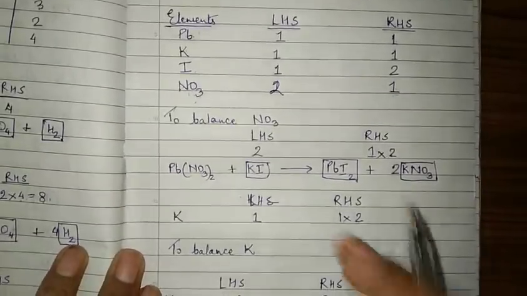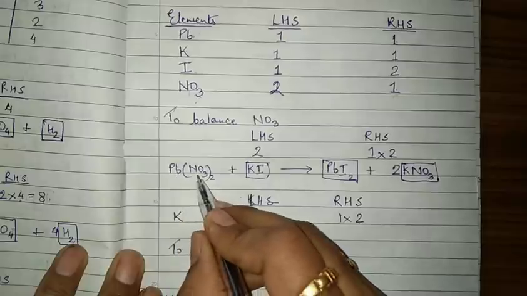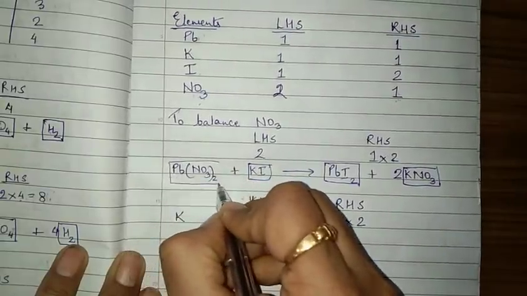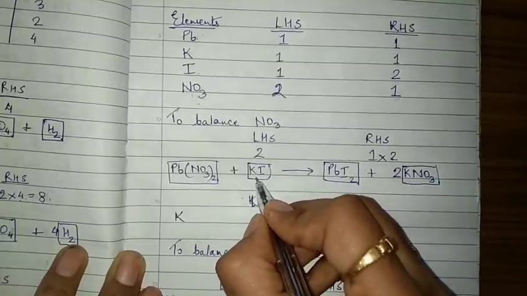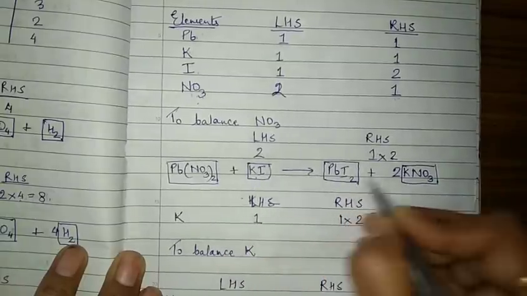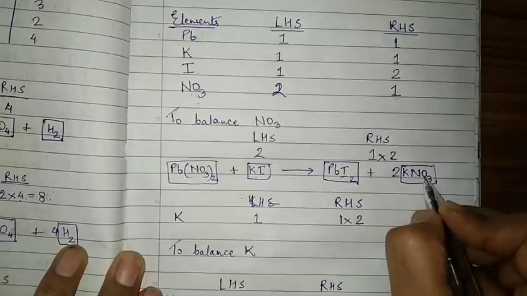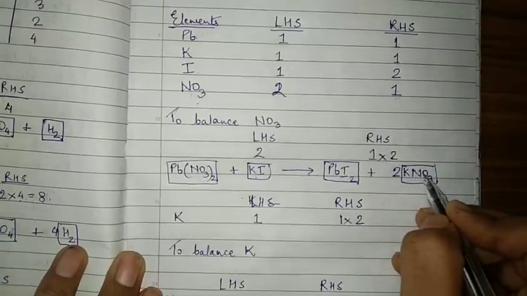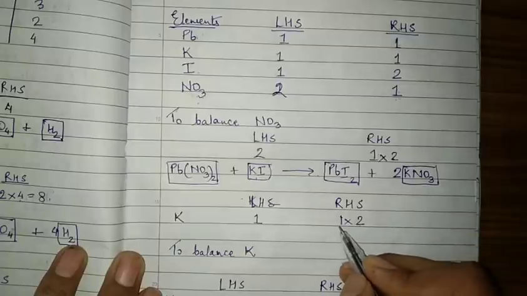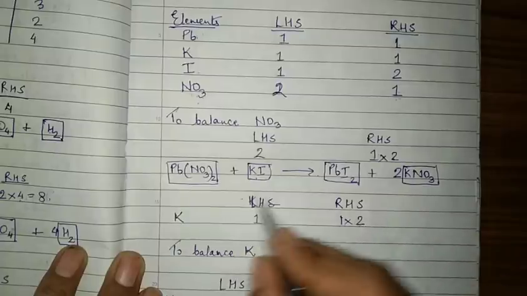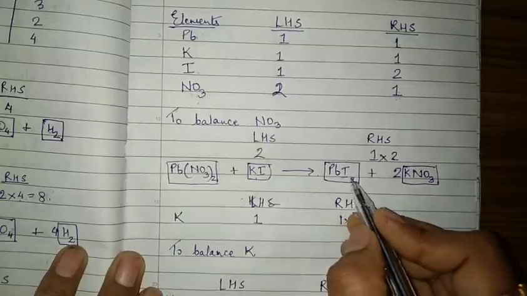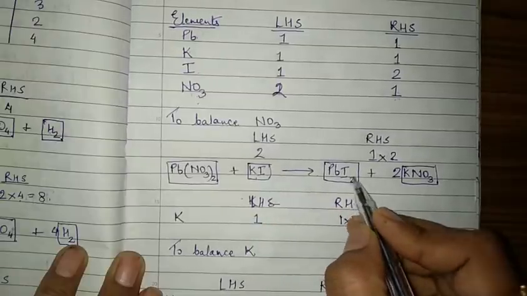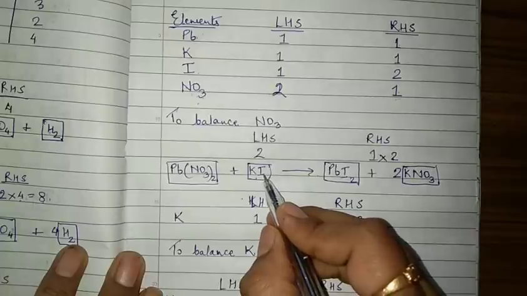So, our equation now becomes Pb(NO3)2 plus KI gives PbI2 plus 2 KNO3. Remember, we multiplied NO3 by 2, and because NO3 was existing along with K, we had to multiply K also by 2. So, this becomes our equation now, but we can still find that the number of iodine atoms is not equal. It is 2 on the right hand side and only 1 on the left hand side.